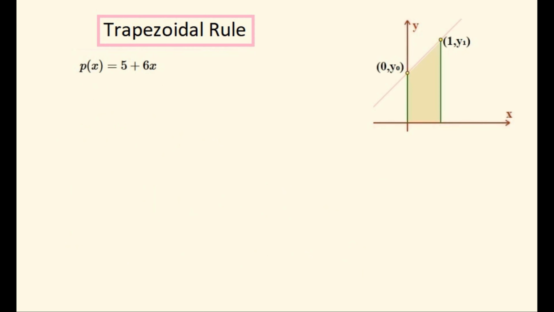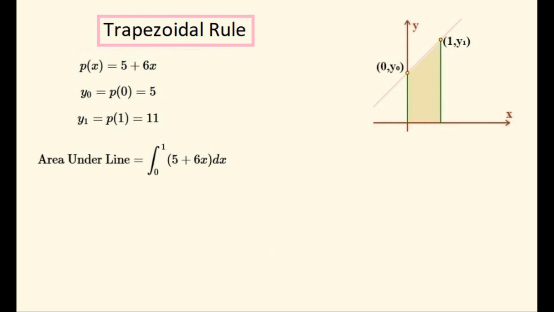And because we need two sets of data, we'll use this equation to find the second set of data. And so these are the heights of the function using the same values of x as we used before. And we'll evaluate the shaded area under the line using this integral.